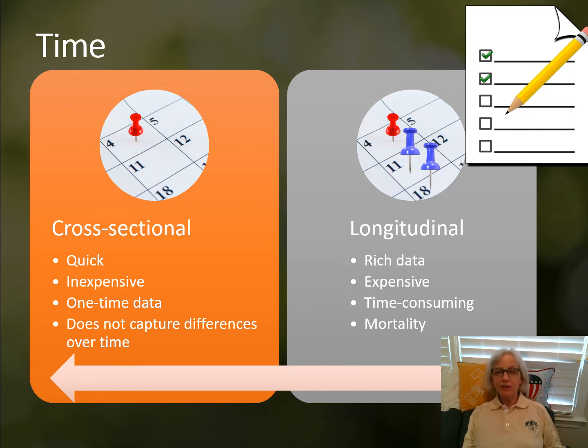The data collection is rich, but is expensive to gather and interpret, is time-consuming, and suffers from participant mortality. By mortality, I don't mean that participants get hit by a bus. Instead, they don't show up on one of the data collection days, or they opt out at some point, leaving you with incomplete data. Both are good and bad. You have to make the best choice for your study.